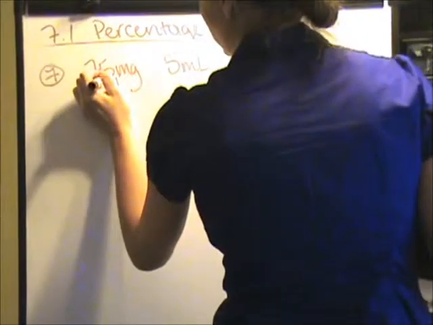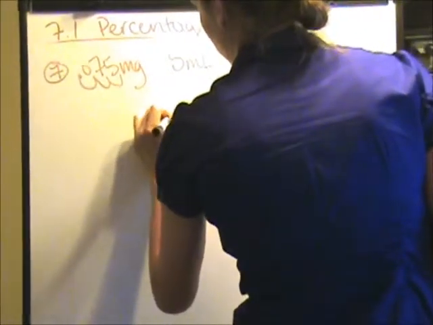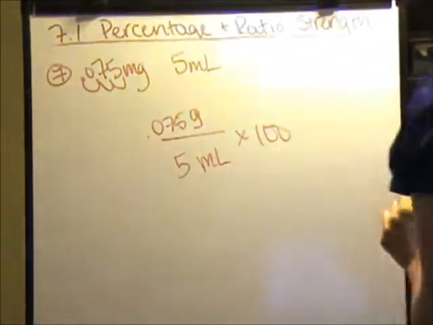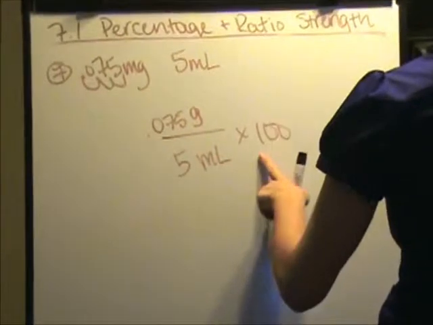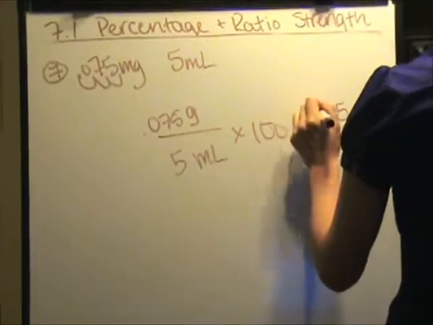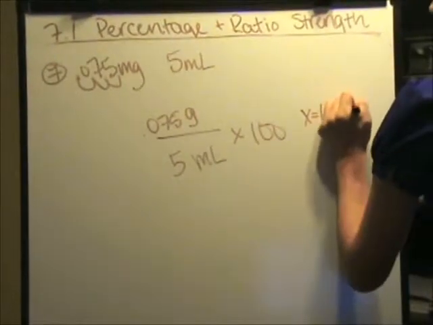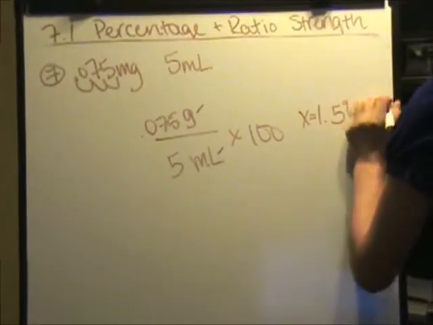Move the decimal 3 to the left, so it's going to be 0.075 grams. 0.075 grams divided by 5 times 100 is going to give us 1.5%. And again, solid and liquid, so weight and volume.